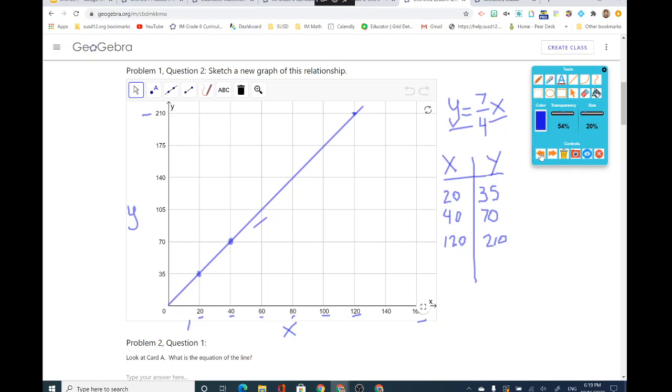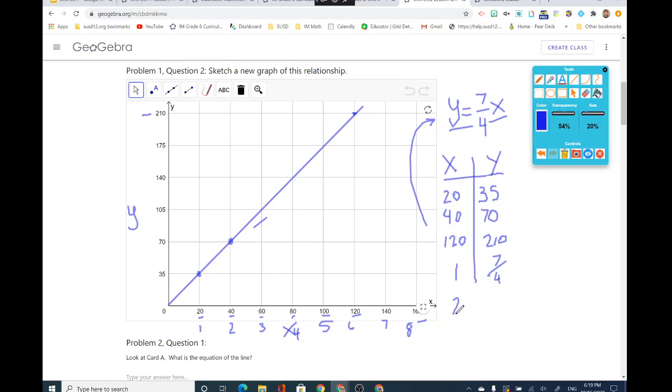Not 10, 1. Let's say this is 1, 2, 3, 4, 5, 6, 7, 8. And we're going to plot the same relationship. Okay, so when x equals 1, y equals 7/4. Just put that right into our equation. x equals 1, then 1 times 7/4, y equals 7/4.